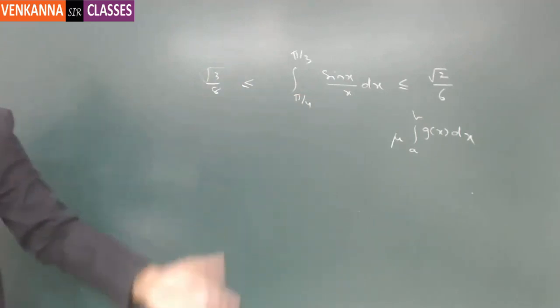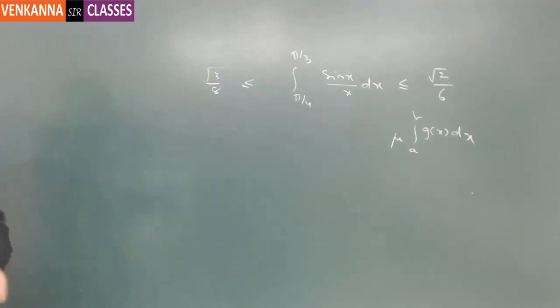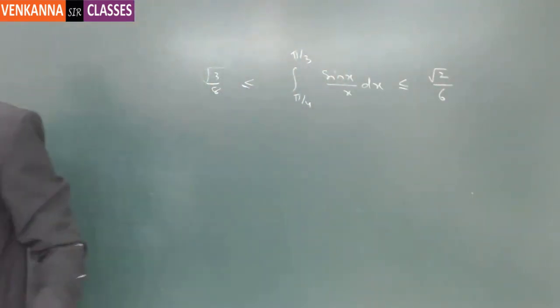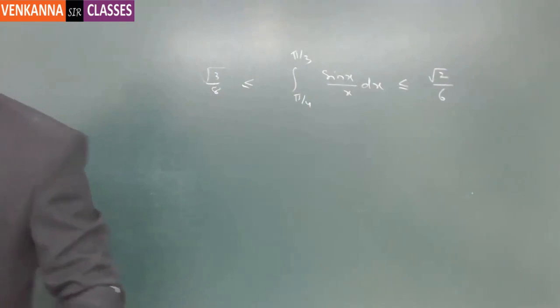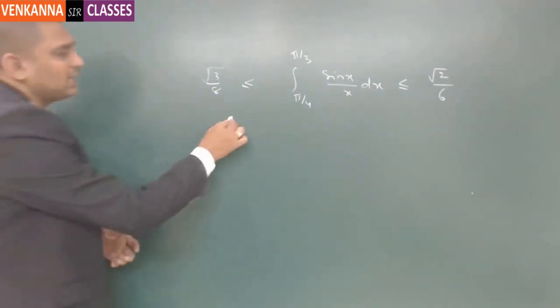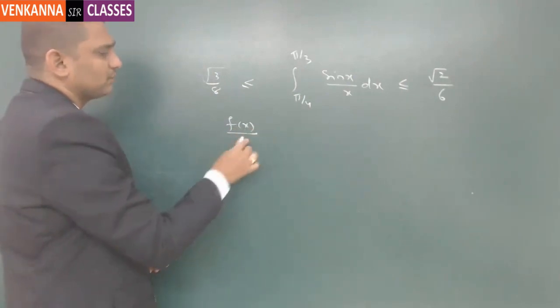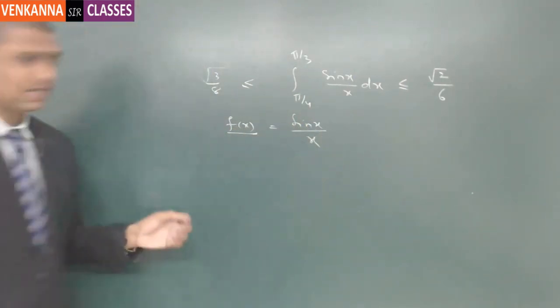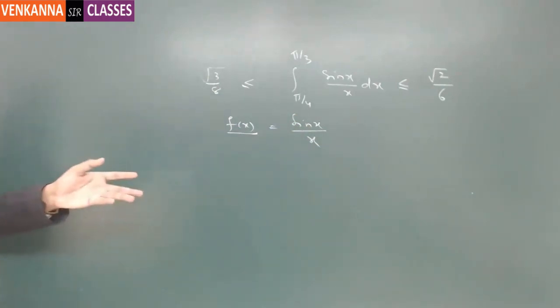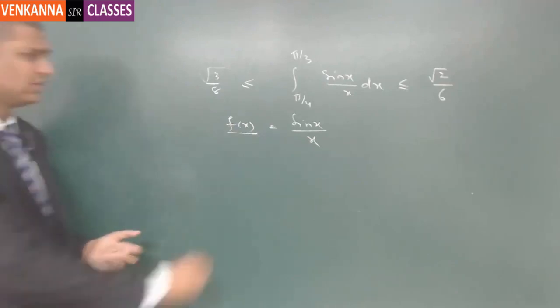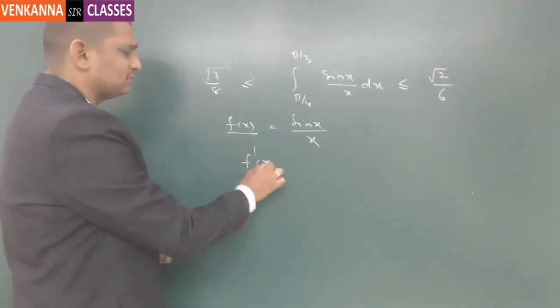Apart from this, I am giving the other technique which is useful to you, because for solving a single problem you have multiple methods. So here the function is f of x equal to sin x by x. And how can we check whether the function is increasing or decreasing? I say that you can calculate f dash of x.